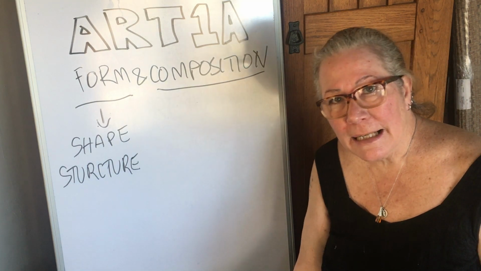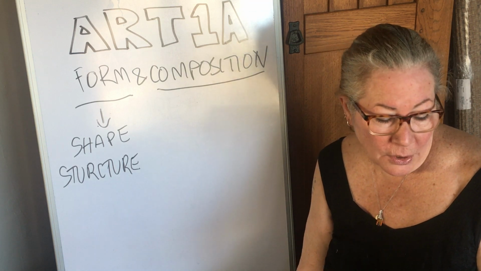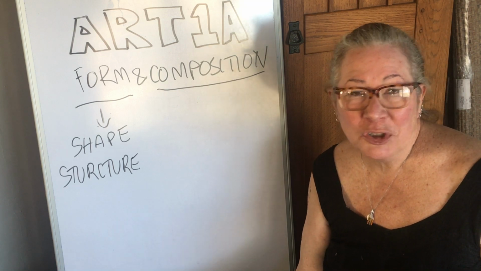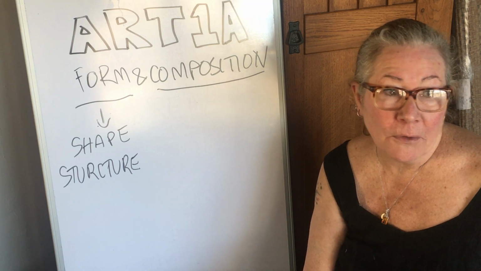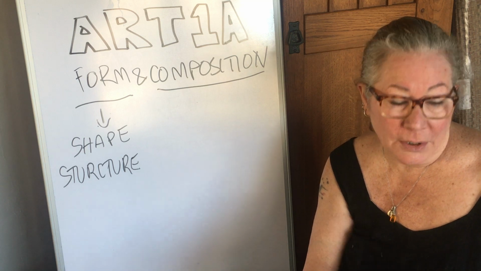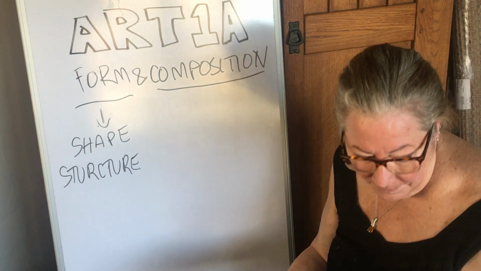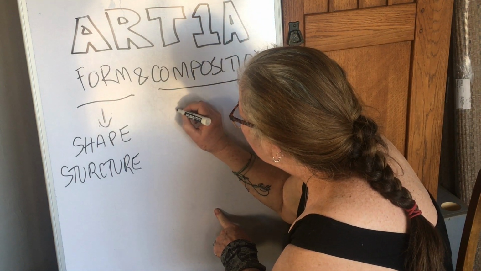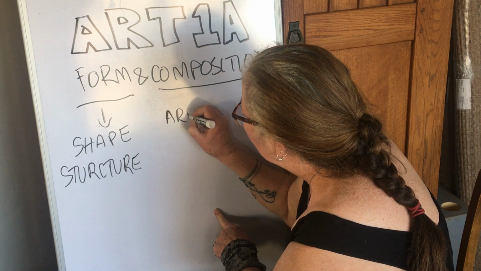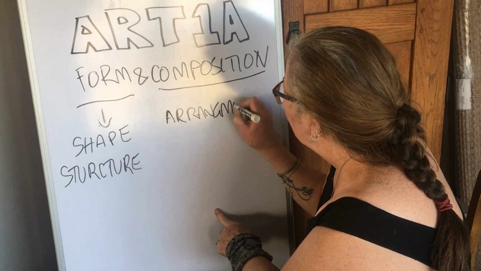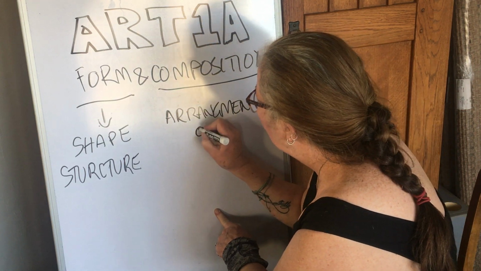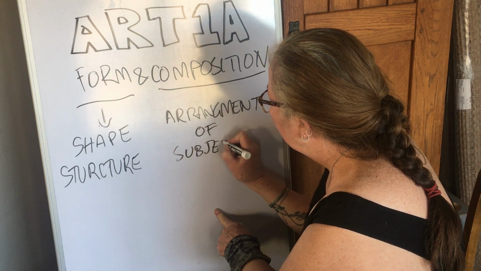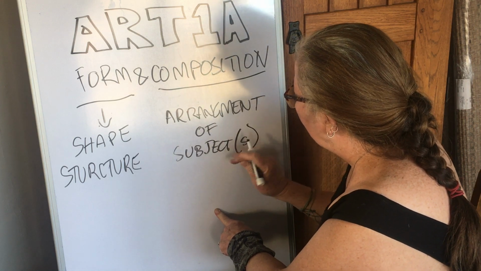And composition is how an artist organizes, or composes, an artwork by placing shapes and color on a flat surface, or maybe in the round, maybe on a sculpture of some sort. So composition is how things are arranged: the arrangement of the subject or subjects.